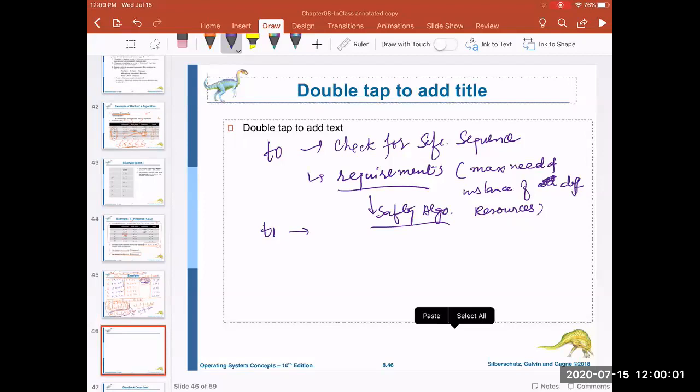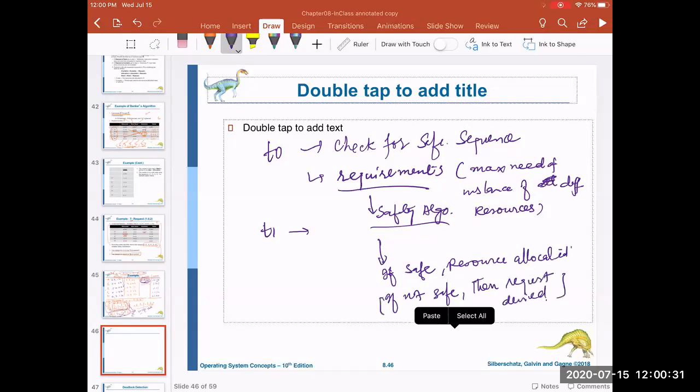So it will check for safety. If safe, resource allocated. If not safe, request denied. The safety algorithm runs whenever a thread requests a resource and checks the safe state of the system.